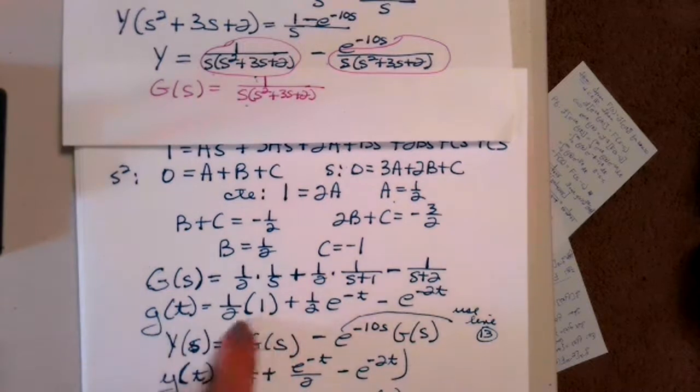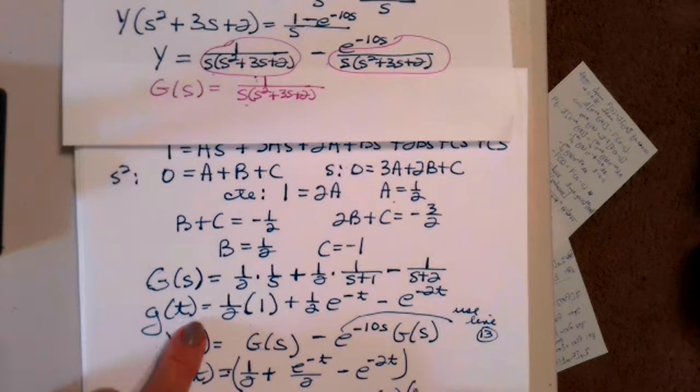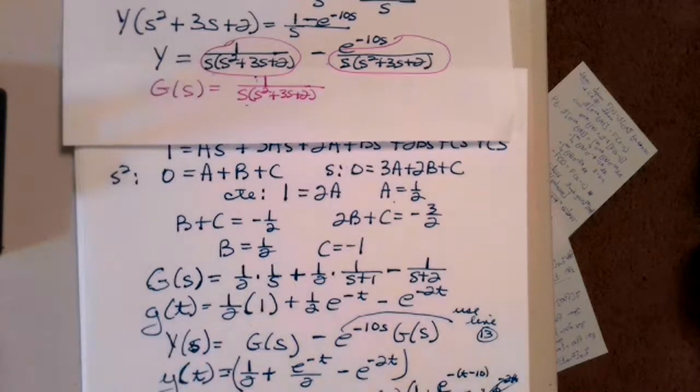So g evaluated at t minus 10. So this will be 1/2 plus e to the minus (t minus 10) over 2 plus e to the minus 2(t minus 10). Okay, and that's the solution.